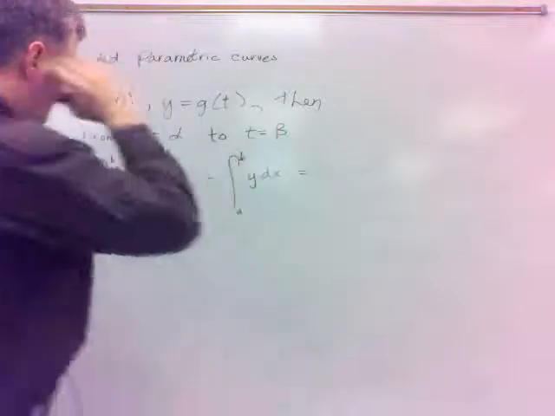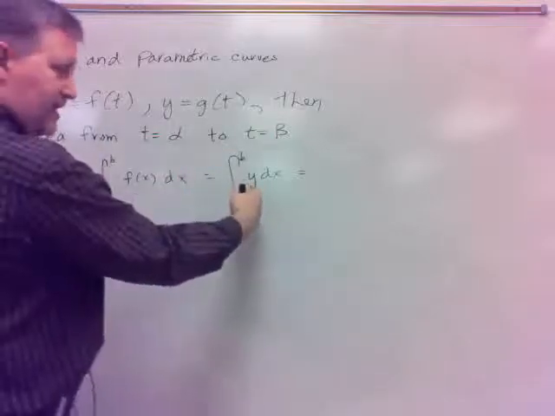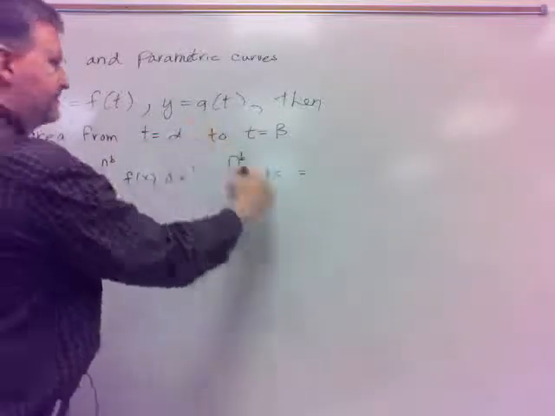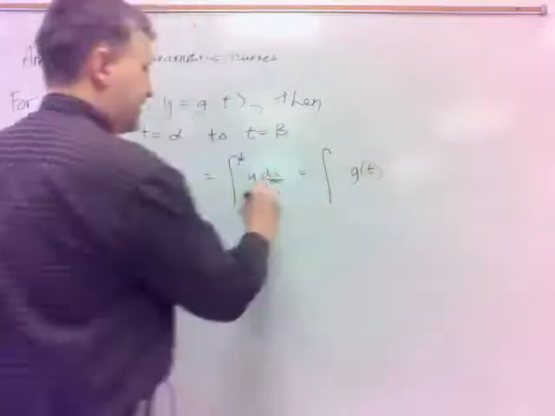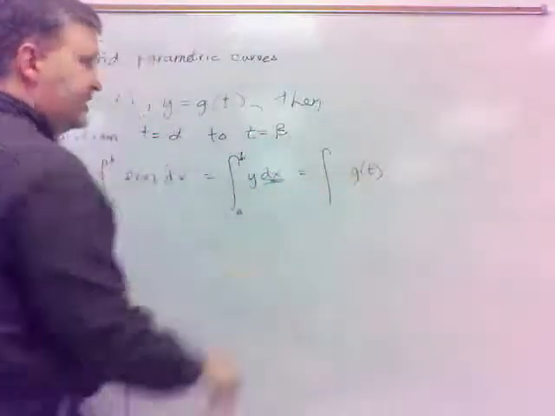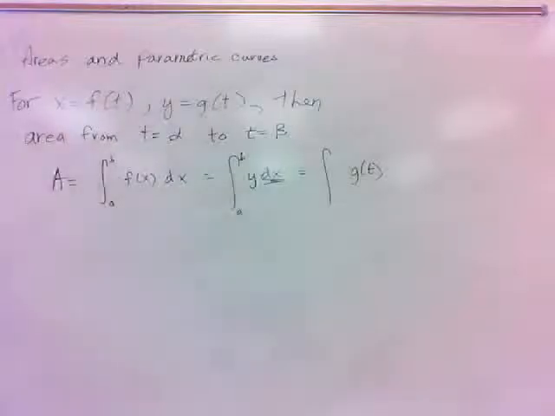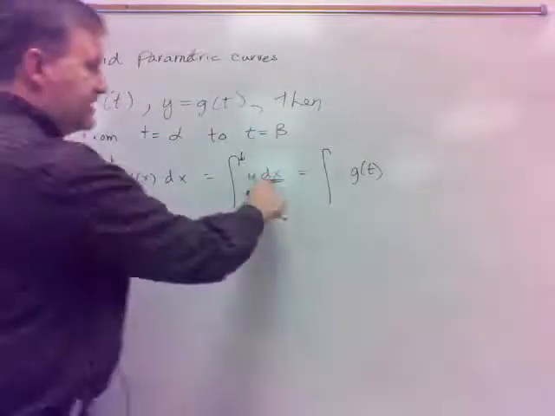Well, I do have something for y, it's g of t. And dx, since now I'm converting from y's and x's to t's, parameter t's, in terms of t. Well, that's what we just talked about. The dx, remember what it was?